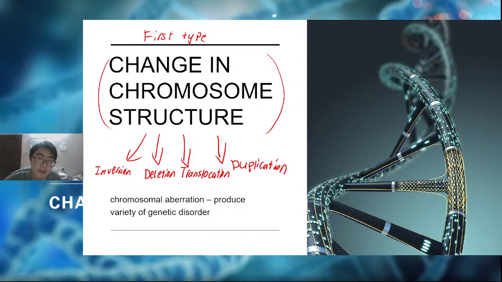These are the 4 types under the change in chromosome structure. I did explain chromosome structure means that one chromosome contains many genes, so it can maybe have A, B, C, D, E, and F. The structure of the genes inside the chromosome will be interchanged.